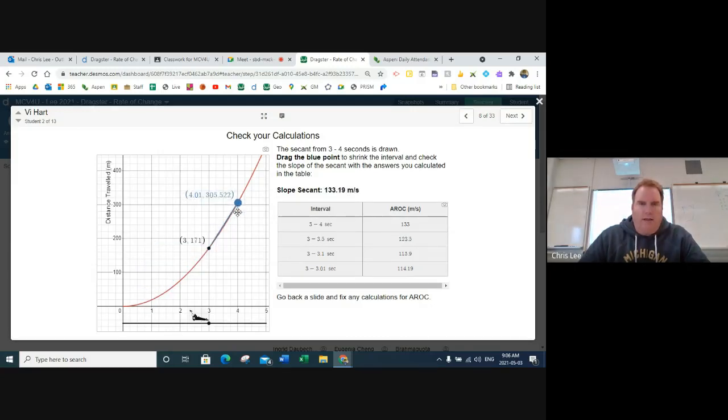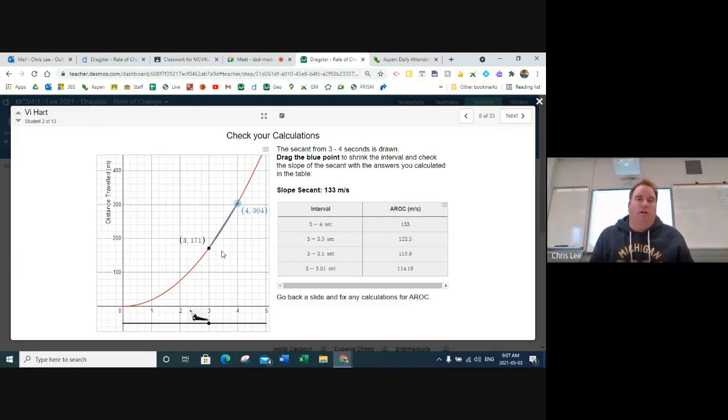So when we first got here, it was set up with the first secant. And of course, Desmos can do this math. So it calculated the secant for 133 meters per second. And if you look at that blue line, it's a pretty good representation of how steep that curve is at that point. These secants are all trying to do is represent how steep the curve is.